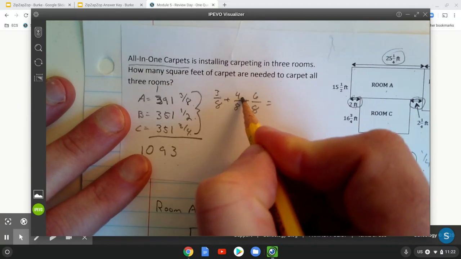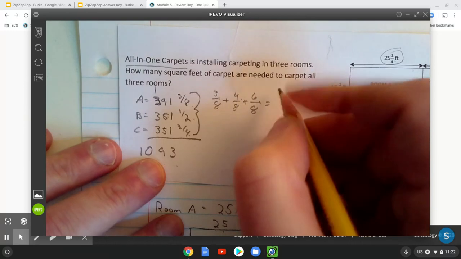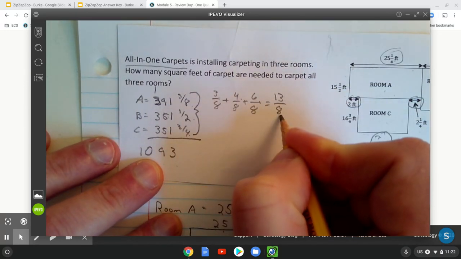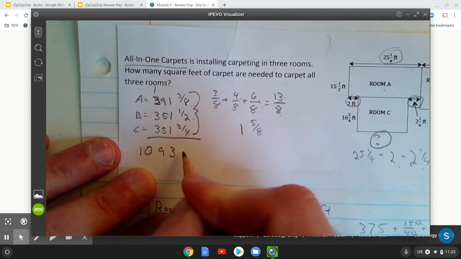3 and 4 is 7. 7 and 6 is 13. So that's 13/8, which is 1 and 5/8. Now I just need to add that back on.